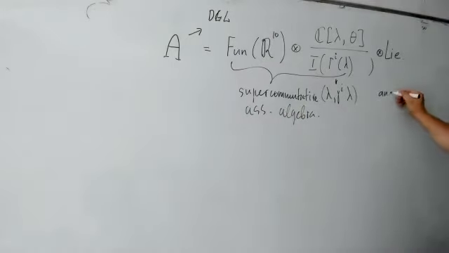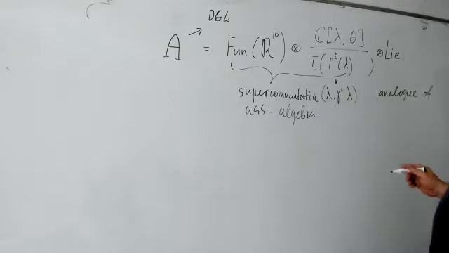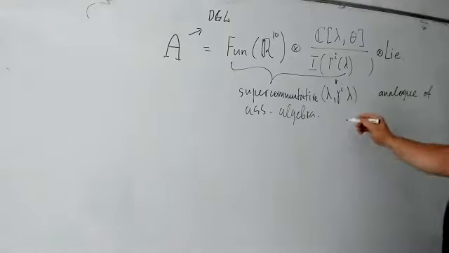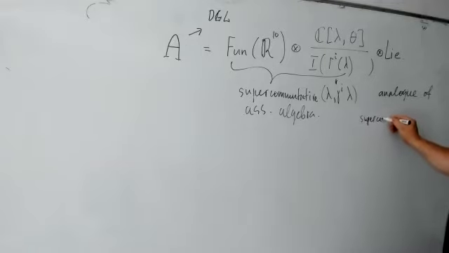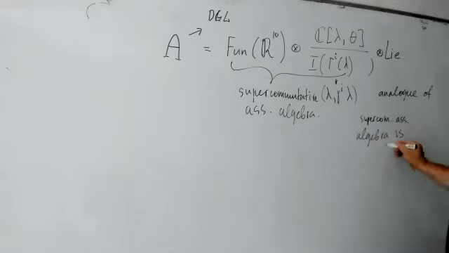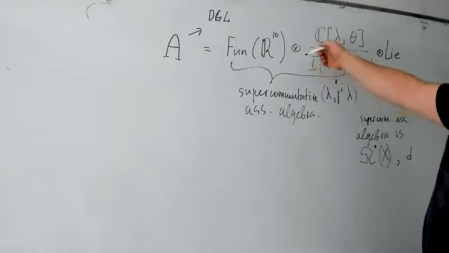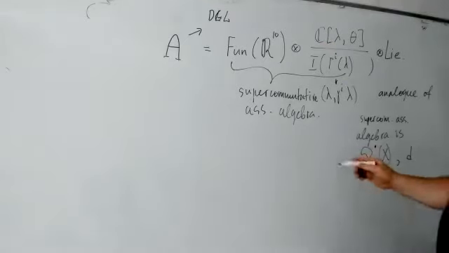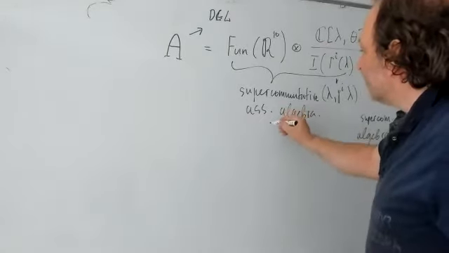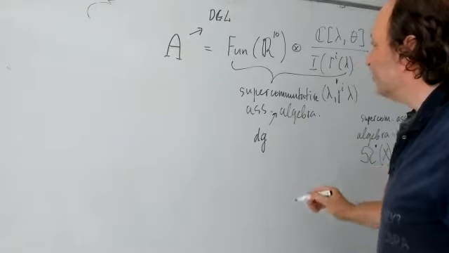And this is an analog of a well-known theory called generalized Chern-Simons, where the supercommutative associative algebra is the algebra of differential forms on some manifold with some differential D. I forgot to say what the differential is here. So it's not just an algebra, it's a DG algebra.